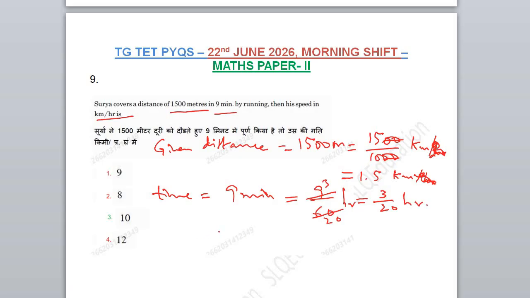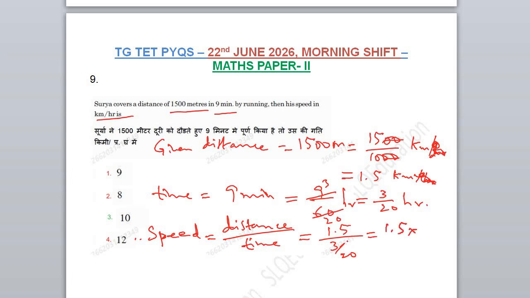The next one, we want speed. Speed is equal to distance by time. What is the distance here? Distance is 1.5 kilometers. Time is 3 by 20. So this can be written as 1.5, and the denominator goes to the numerator, divided by 3. 3 ones are 3, without the point you cancel. 3 5s are 15.